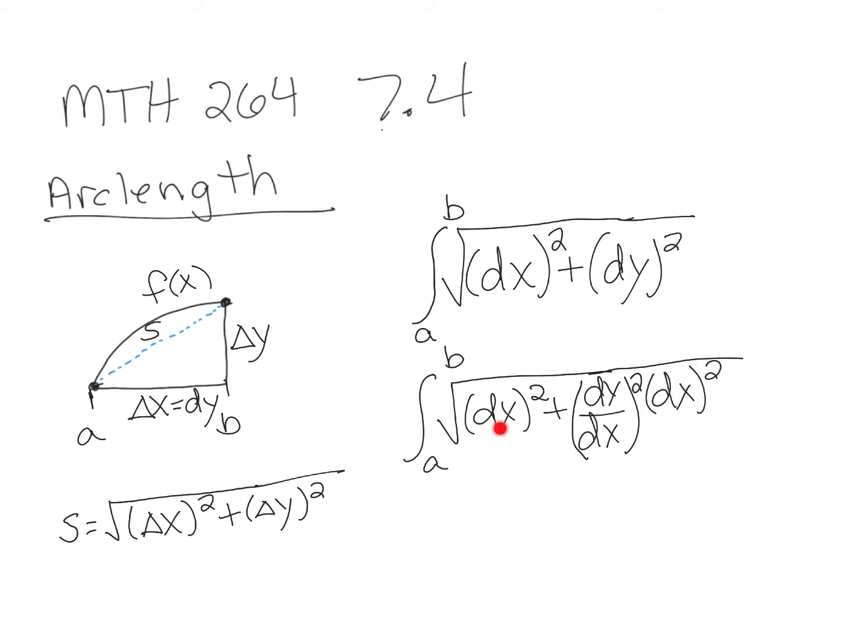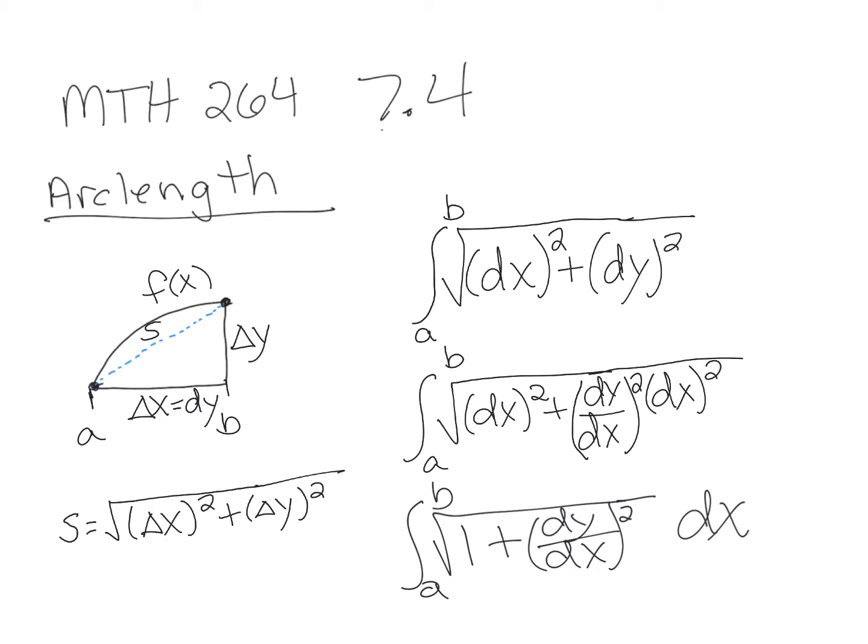Now, I can factor out a dx squared and pull it out of the integral. That's going to give me 1 plus dy over dx squared dx. So now I can integrate with respect to x, and this right here is just the derivative of the function. Very simple, right? So let's get our formula for arc length.